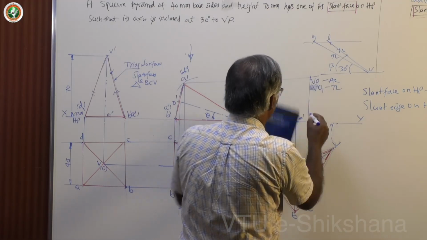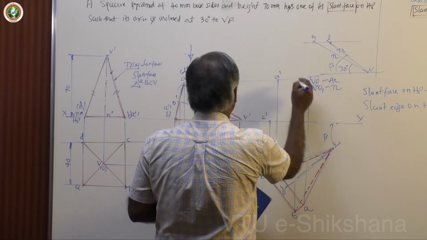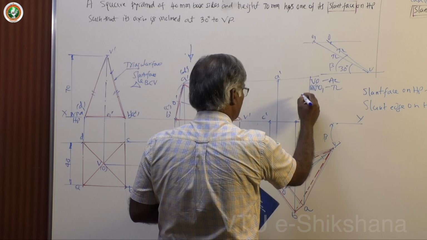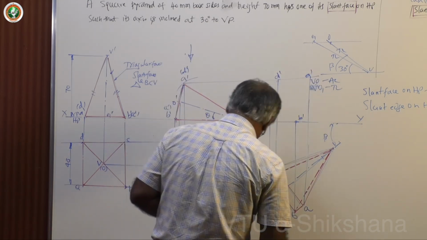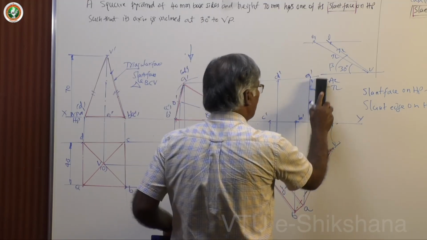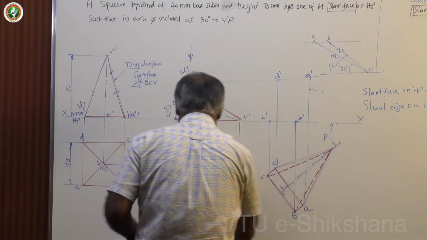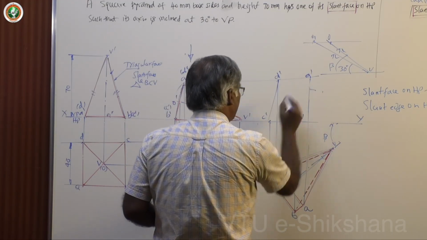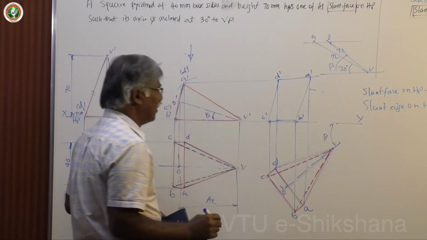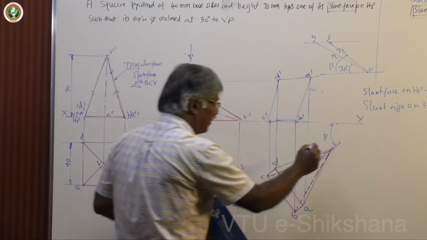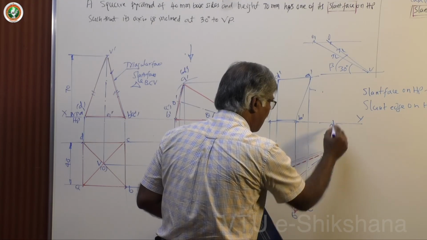This is A dash, this is D dash. Now join this. Okay. Now this is V. Project it and get V dash.